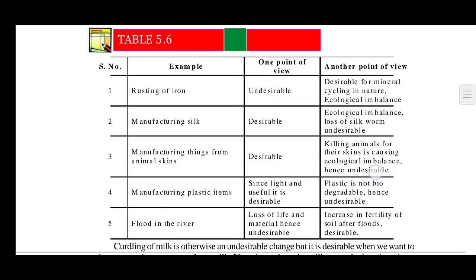You can see some examples here. Rusting of iron is undesirable, but it is desirable for the mineral cycling of nature and ecological balance.